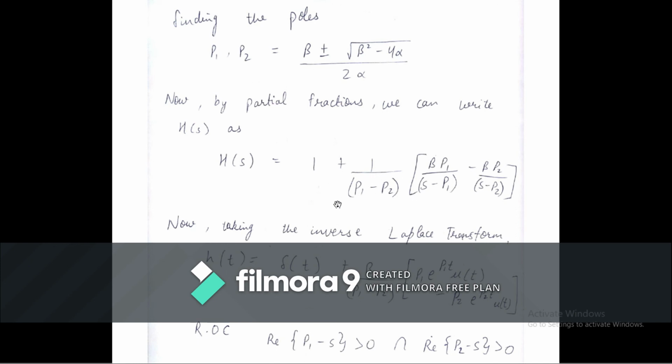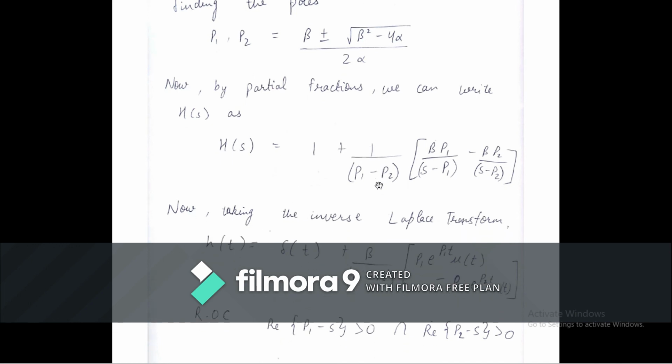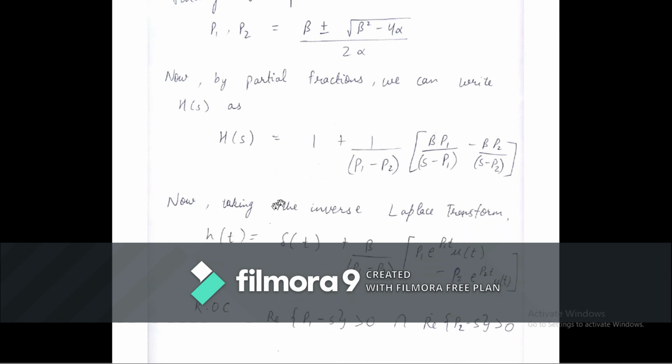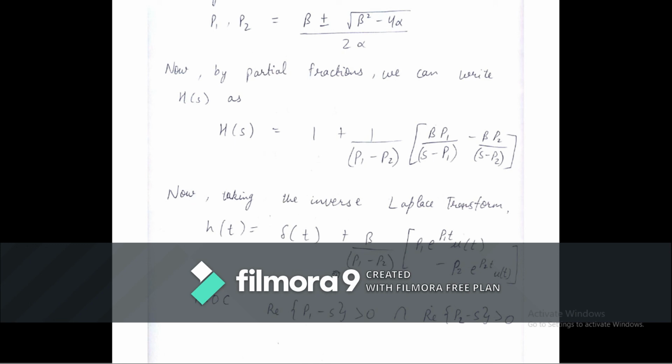If we take the inverse Laplace transform, we can find h of t, which is the impulse response, and we get h of t as this equation. Here p1 and p2 denote the poles, and alpha and beta denote LC and L by R respectively.